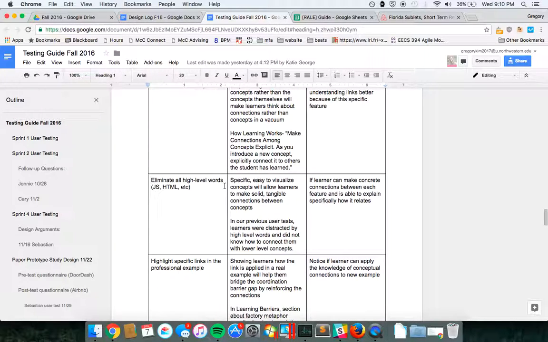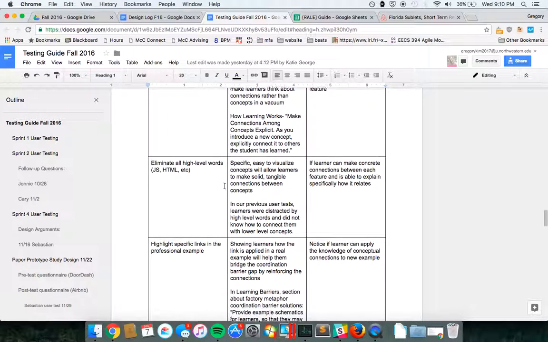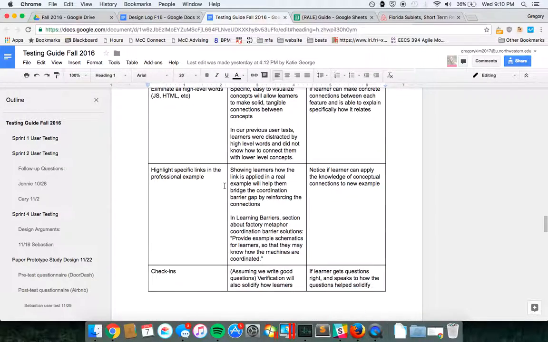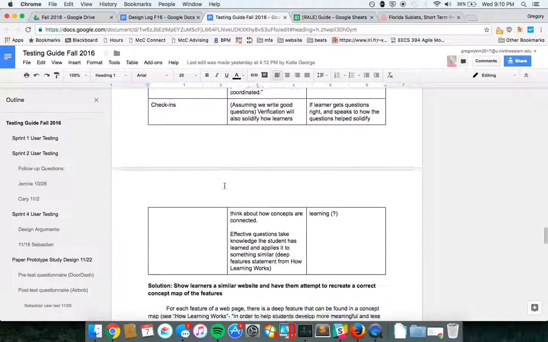All of these features are things that don't exist in current solutions because rather than focusing on teaching concepts, we want to teach the connections between concepts because those are the gaps that we've been talking about in the concept maps. And so for example, we have the features here: links between concepts, eliminating high-level words, highlighting specific links, and check-ins.